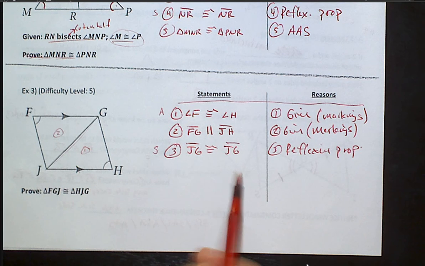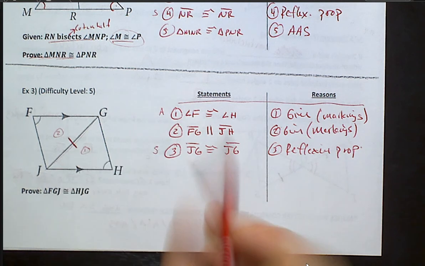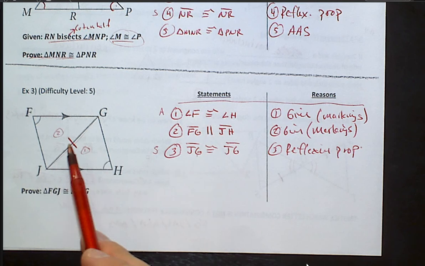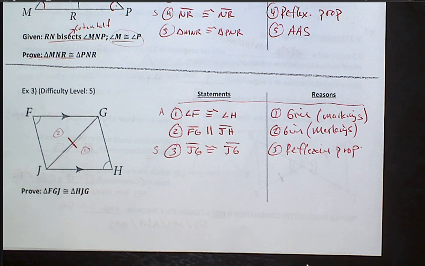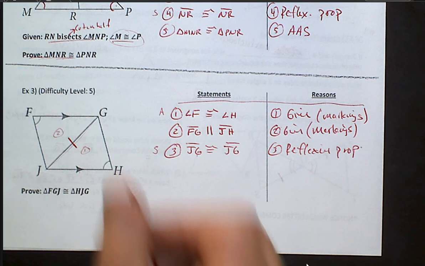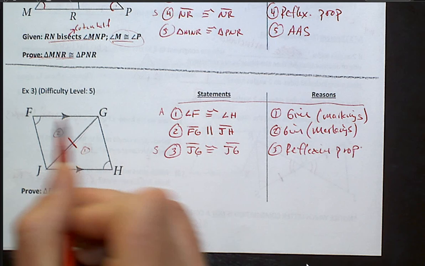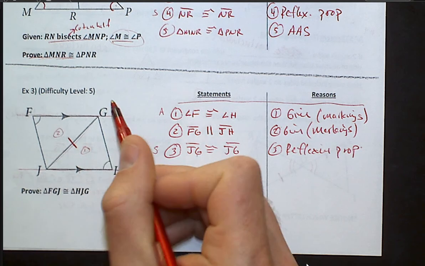You have parallel lines. I promise you, when you see parallel lines on a triangle proof, you've got to be thinking AIA. So where are your alternate interior angles? First of all, let me put this marking here for statement 3, JG equal to JG. I need to mark that. You should always mark your statements on your picture so that you can see things. Okay. Now, this takes a little bit of practice, but I know that this line is parallel to this line, and here's your transversal.